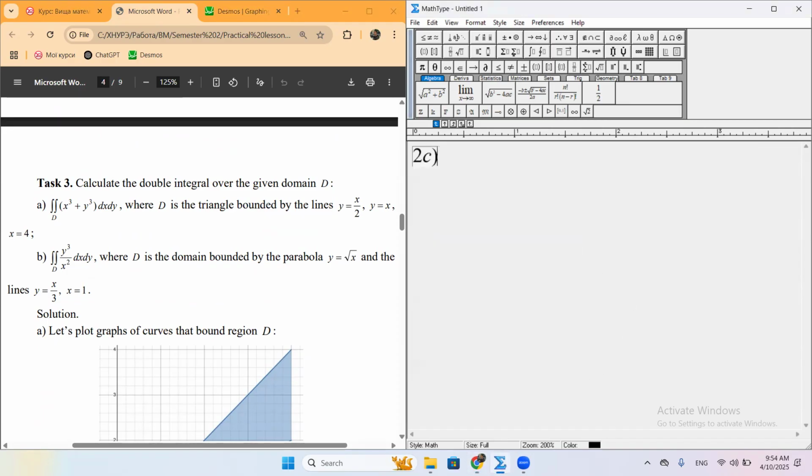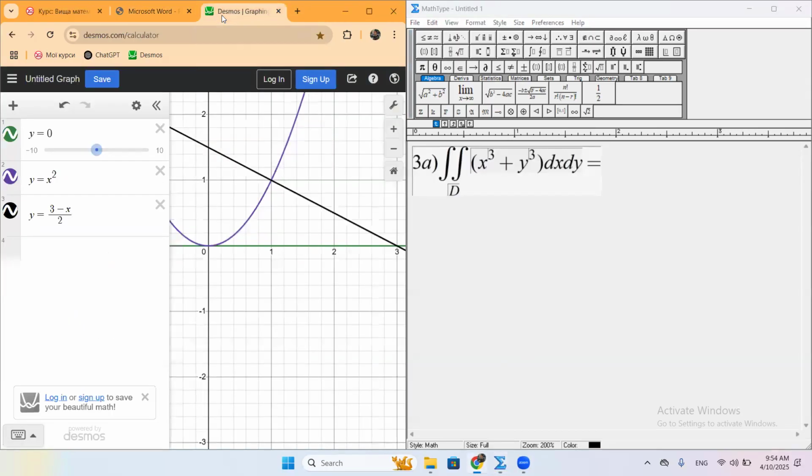So let's calculate. Actually, we will do the stuff analogous to differentiation of functions of multiple variables. We have the following integral. The function is x squared plus x cubed plus y cubed, and the region is the following: a triangle bounded by straight lines.